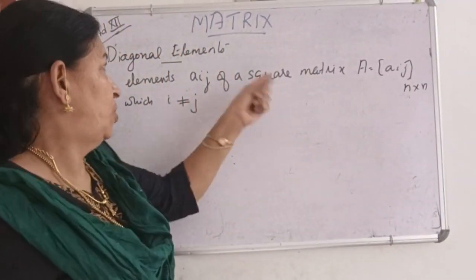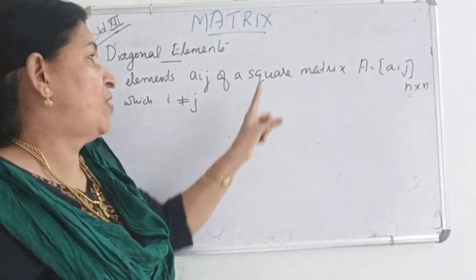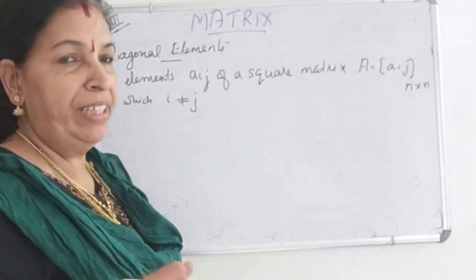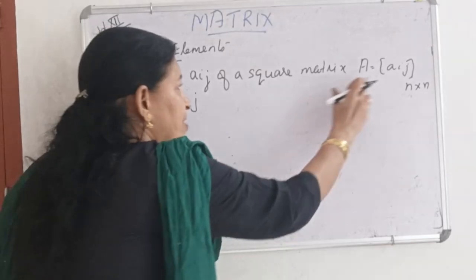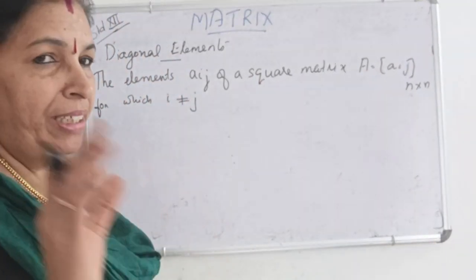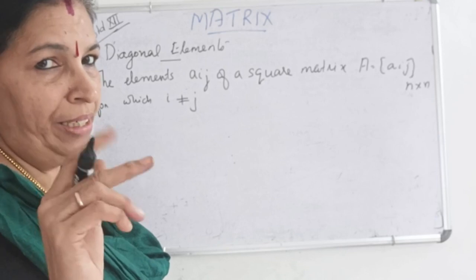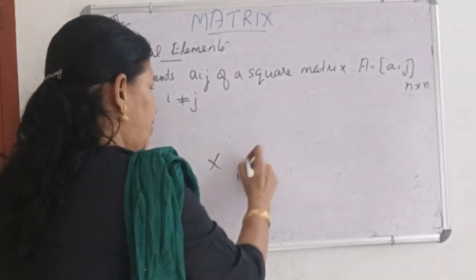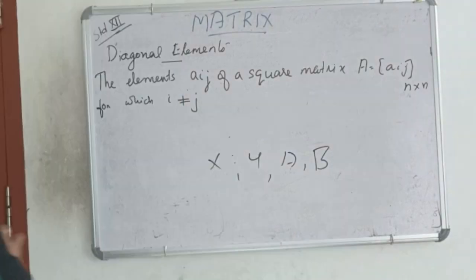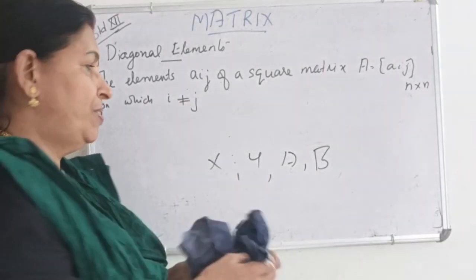What do you know about the diagonal elements of a matrix? It is there in the name itself: diagonal elements. We consider a square matrix, in general A equal to Aij. Matrices are denoted by capital letters X, Y, A, B, etc. What do you mean by diagonal elements?